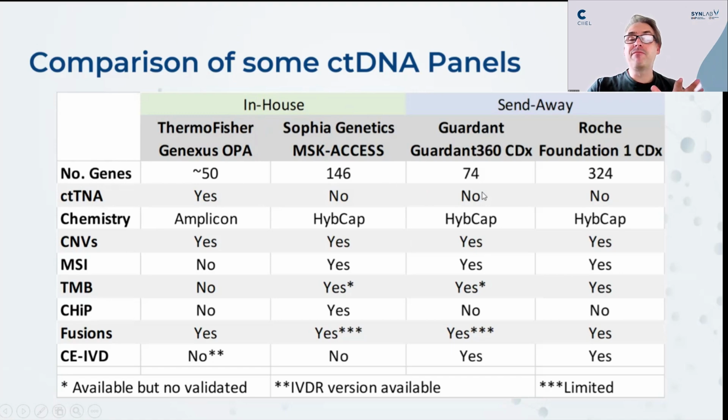They do have some fusion calling abilities, because you've got hybrid capture baits designed across the usually intronic, most common breakpoint regions. So it's usually just based around ALK, RET and ROS, for example. The FoundationOne is a bit more expansive.